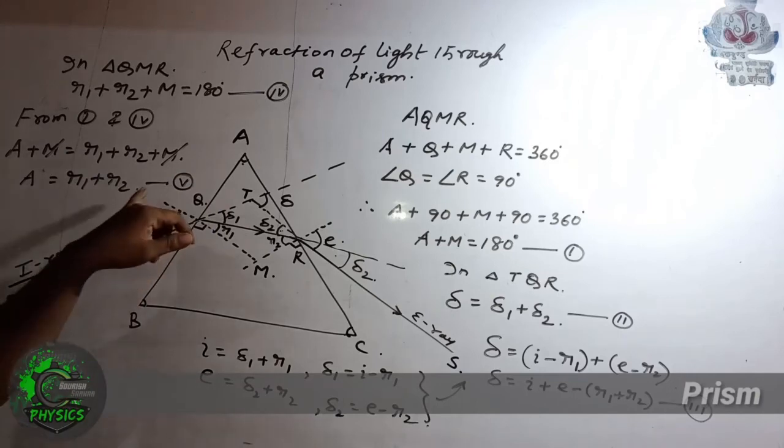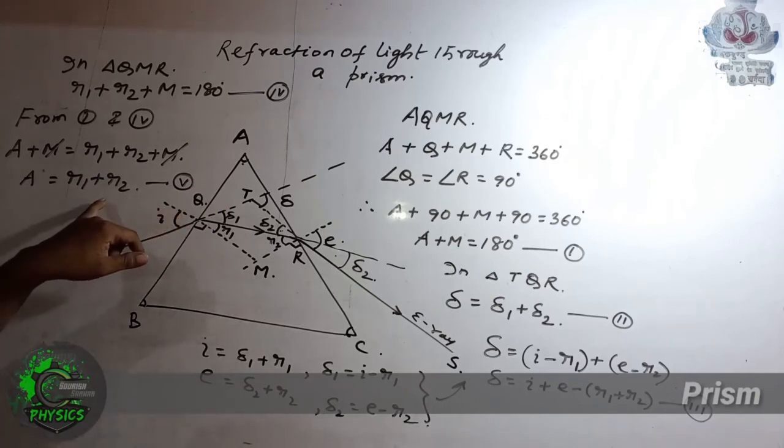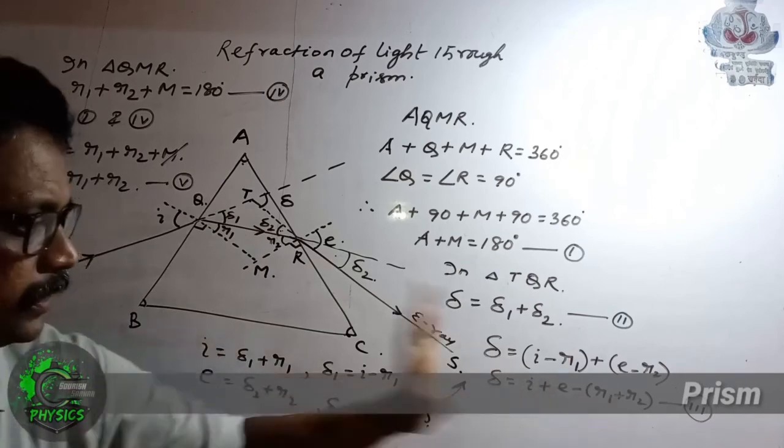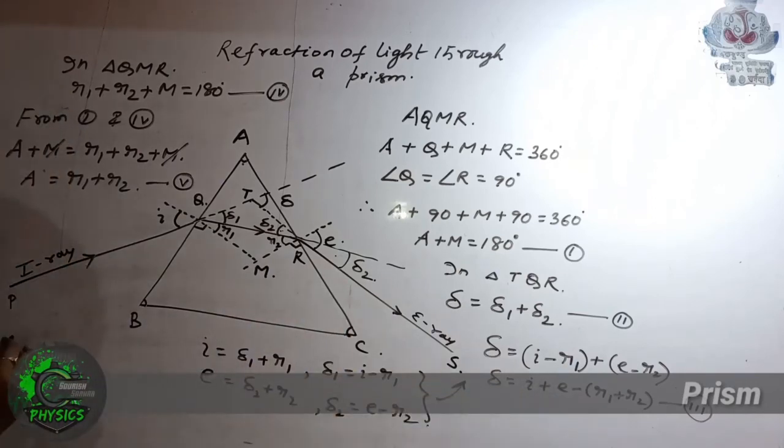Now substitute the value of R1 plus R2 from equation 5 into equation 3. What we get? Delta equals I plus E minus A. So we are getting the relation A plus delta equals I plus E. This is equation 6.